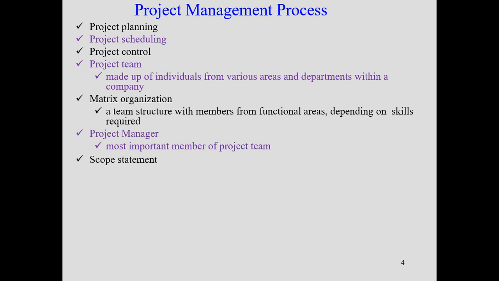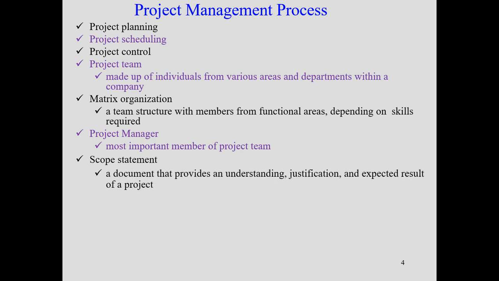And there must be something called a scope statement, a document that provides an understanding, justification, and expected result of a project. Statement of work, a written description of the objectives of a project.